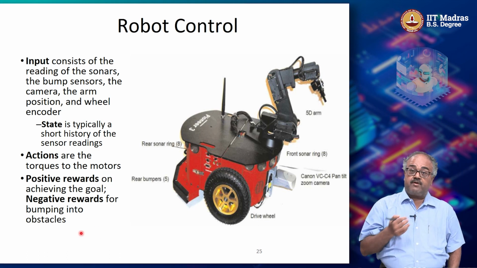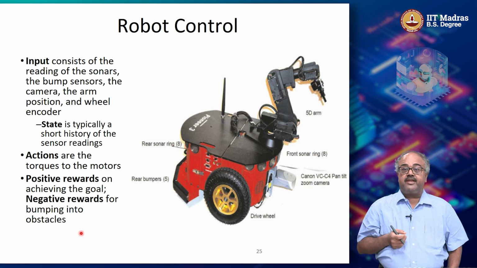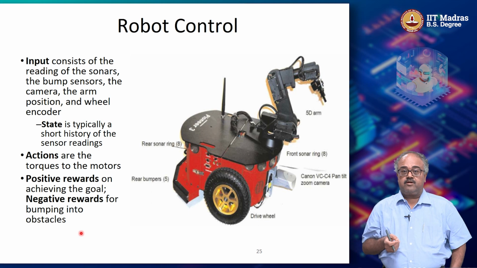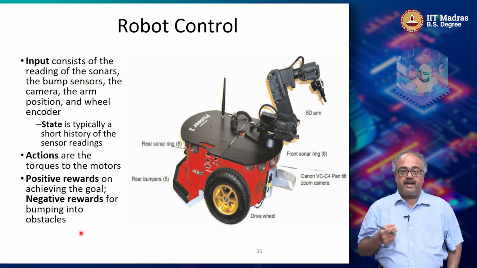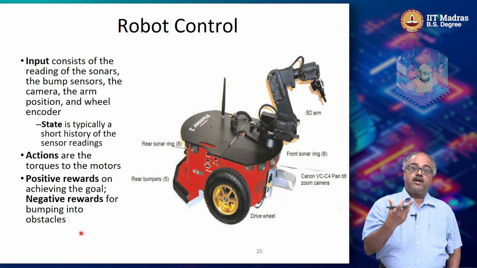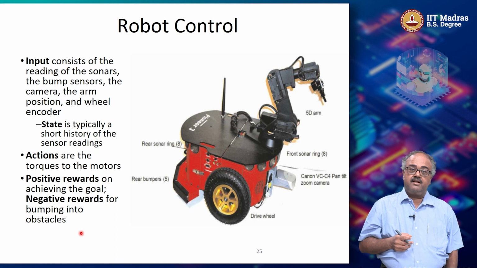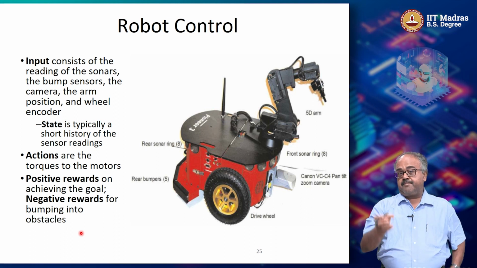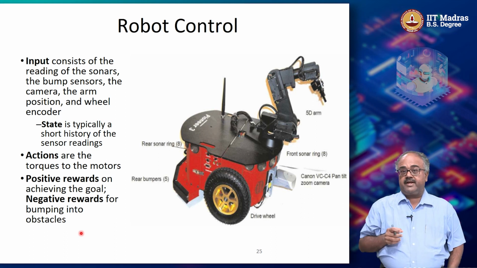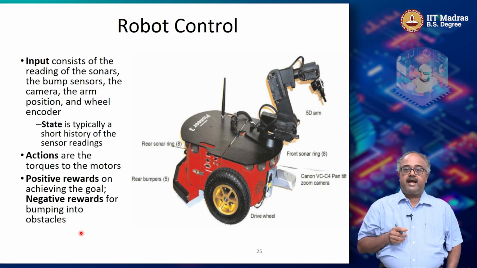You could have some negative rewards for bumping into obstacles, or for just using up the battery on the robot. The robot is running on some battery, so every time you move, you're using up some battery. Depending on how much battery you use up, you could get a negative reward. Or if you bump into an obstacle, you might get a negative reward. Or you pick up an object and drop it, you might get a negative reward, and so on and so forth. And you get a positive reward when you actually reach the goal.